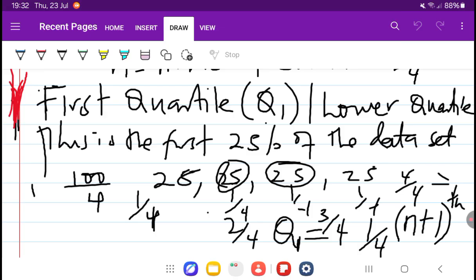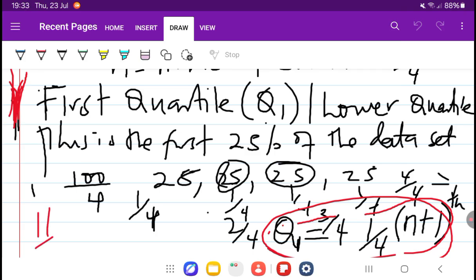The third step is to put the N into this formula. If it is 10, then it will be 11 over 4, and whatever you get will be the position where that value lies.